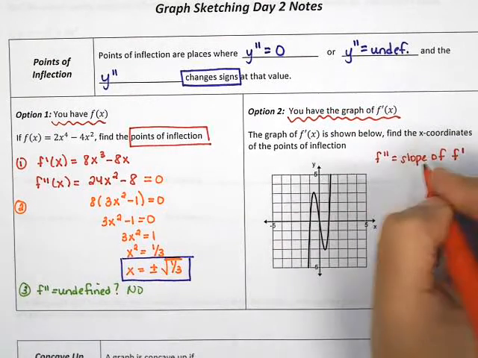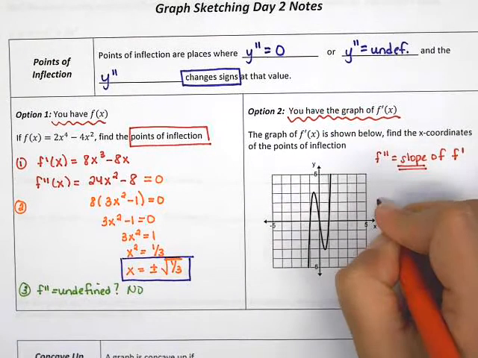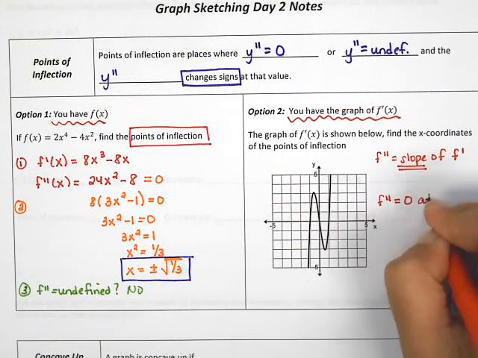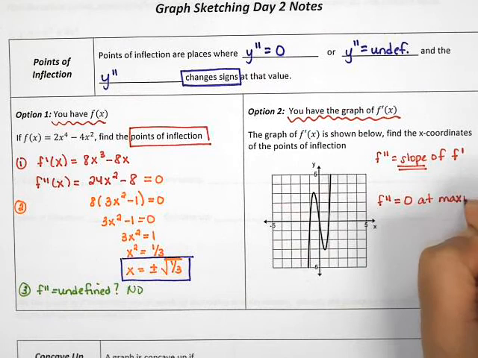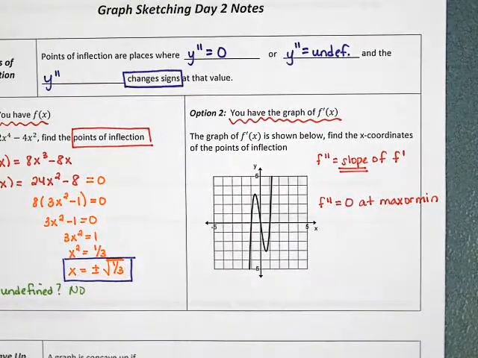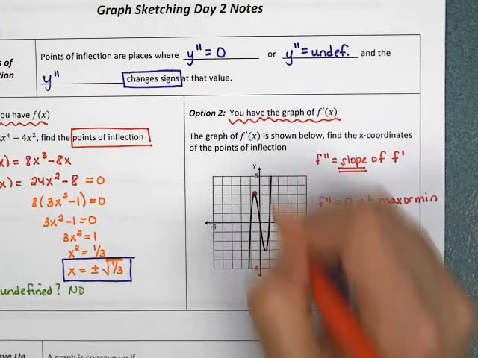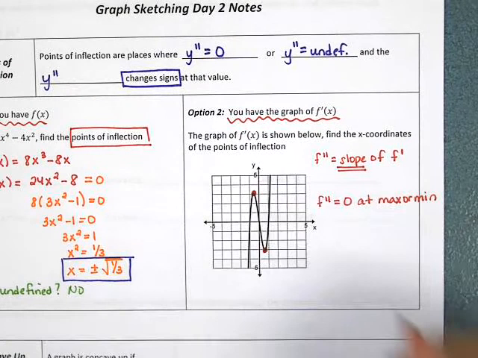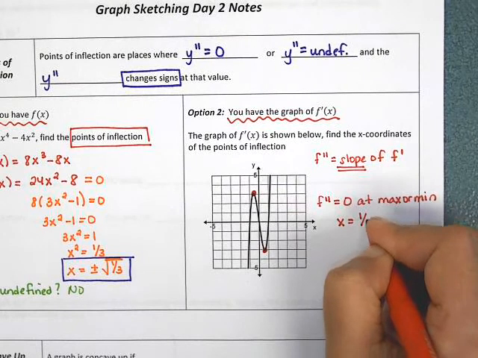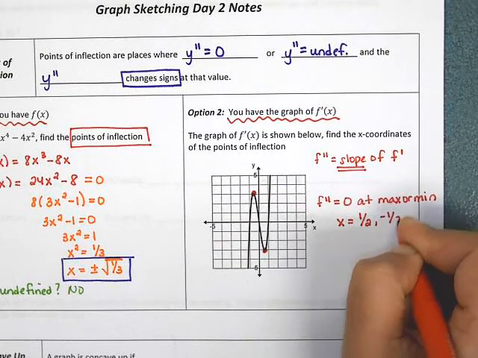So if I'm looking for the slope of f prime, f double prime will equal 0 at the maxes or the mins of this graph. So in this case, it would be here and here. Now I know those are not super clear numbers, so I'm just going to estimate that by saying 1/2 and -1/2.